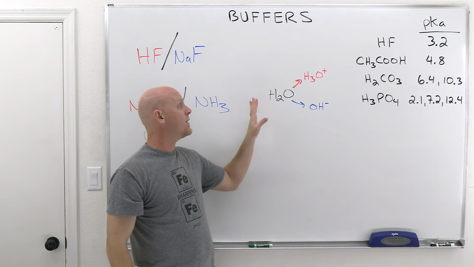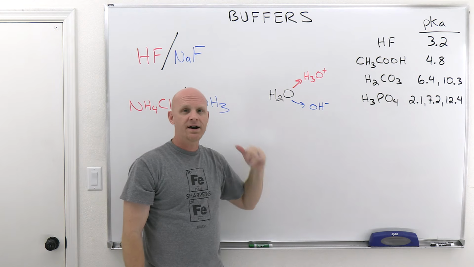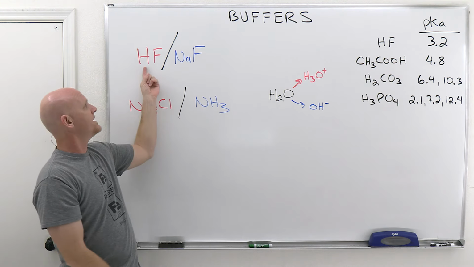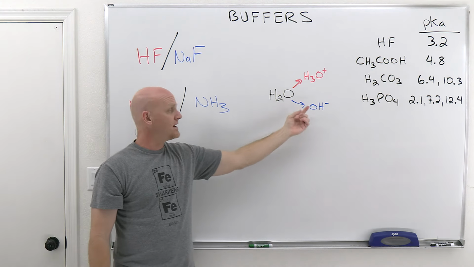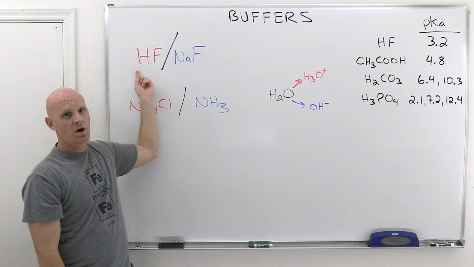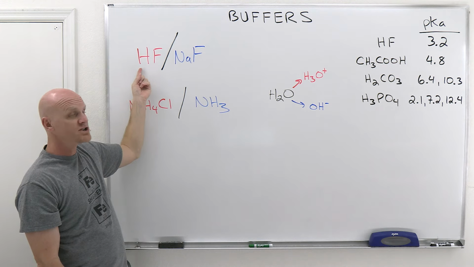Whether I add acid or base, I want to prevent the water from being converted into H3O+ or OH- because that's going to affect the pH directly. Well, that's why we want to have a weak acid and conjugate base combination in there. So if I add a base, instead of water losing the H+, well, HF is a better acid than water. It's more likely to act as the acid instead and be the proton donor.